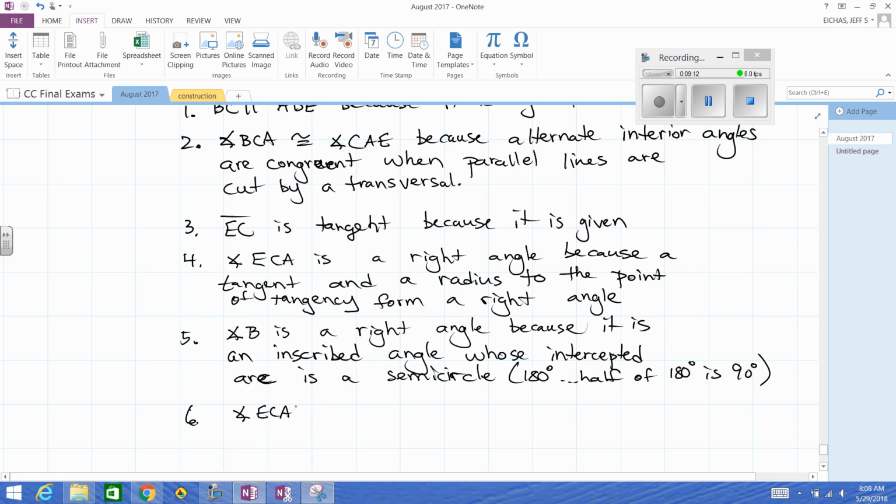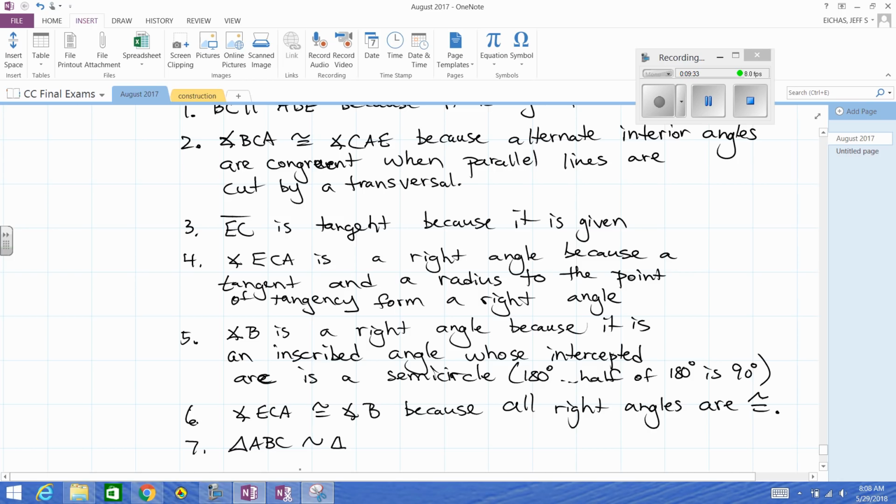So angle ECA is now congruent to angle B, and that's because all right angles are congruent. And now I can say that the triangles are similar. So triangle ABC is similar to triangle ECA by the angle-angle triangle similarity postulate.